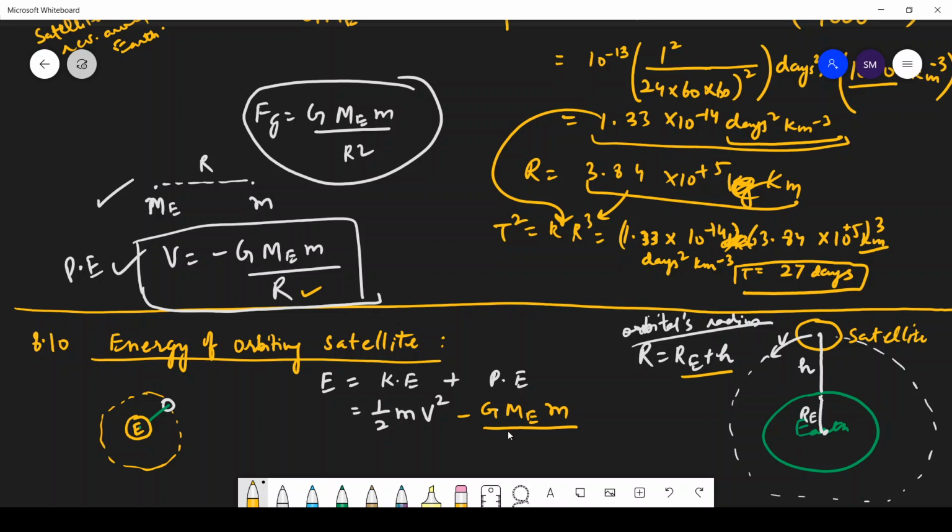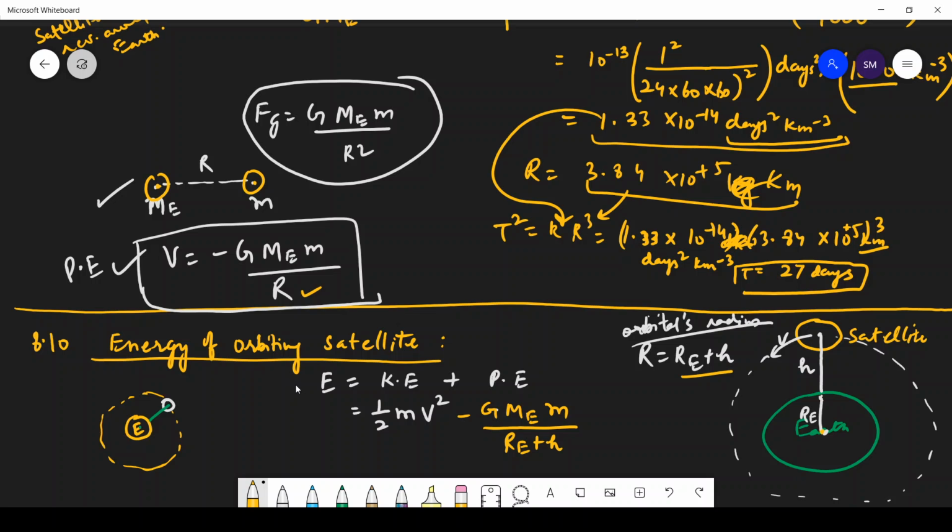It is the distance between their centers. So what is the distance between the centers of the Earth and the satellite? RE plus h, which is also the orbital radius.